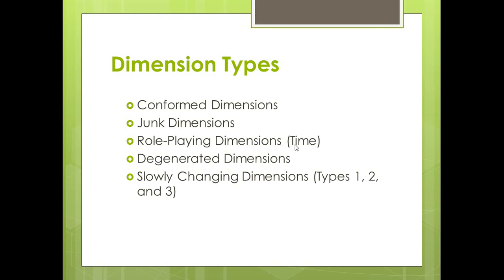Basically, a junk dimension is when you have these small dimensions, these attributes that you need to keep track of, right? And the attributes don't fall into any of the entities. They won't be a part of any of the dimensions that already exist in your table, but you want to have these values there. So sometimes what people do is create a junk dimension, and that'll contain the information that you need, but doesn't really fall into any of the categories.